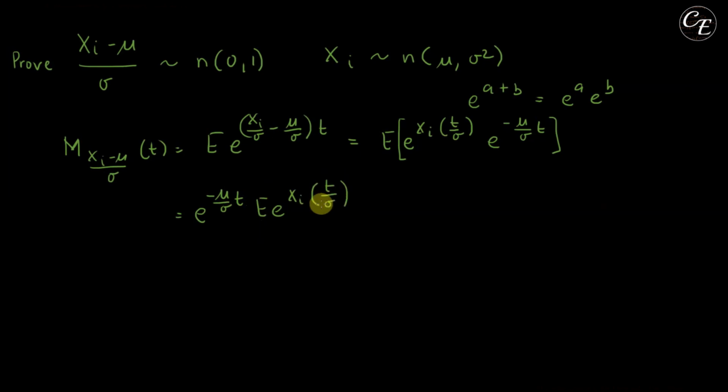Now this is the formula for a moment generating function with the x sub i random variable.